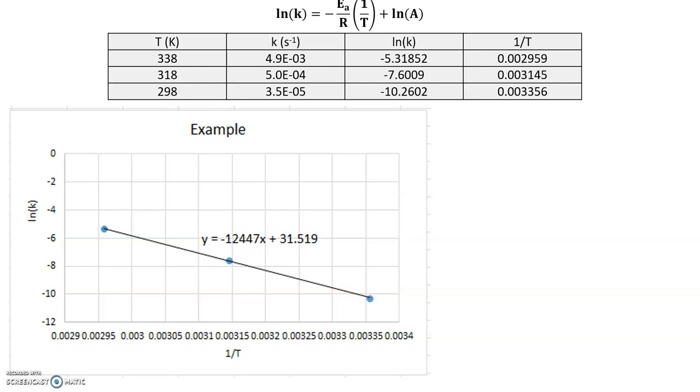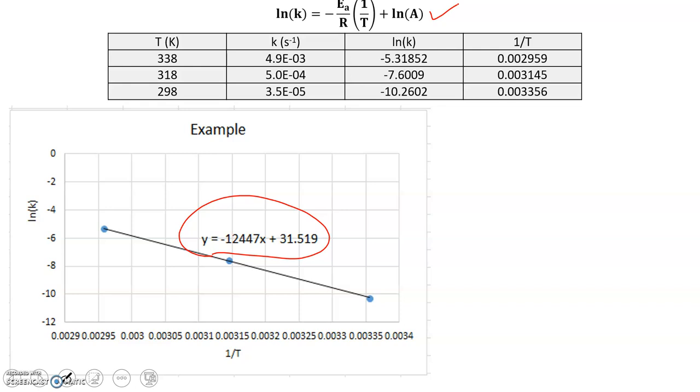I took the temperature and the rate constant and took the natural log of the k constant, and then 1 over temperature, and I graphed it, and you get this straight line. And so if we look at the equation for this line and compare it to the equation at the top, I can figure out the activation energy for this particular type of reaction.